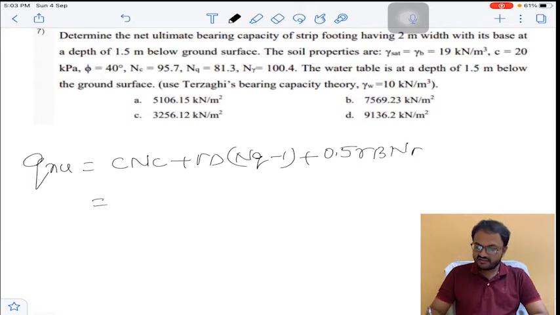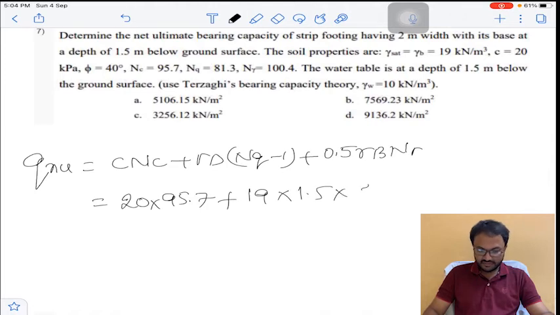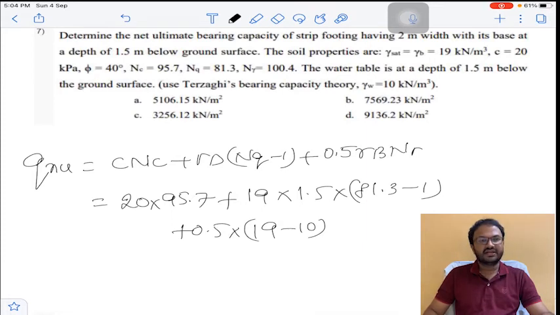The C value he has given as 20, Nc is 95.7, gamma is equal to 19, into D is equal to 1.5, 81.3 minus 1, plus 0.5 gamma B. Here it is 19 minus 10, because he mentioned the water table is at the base of the footing.